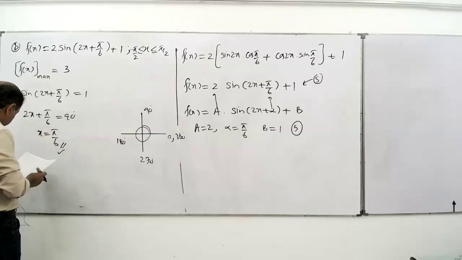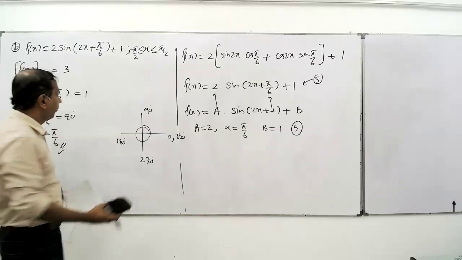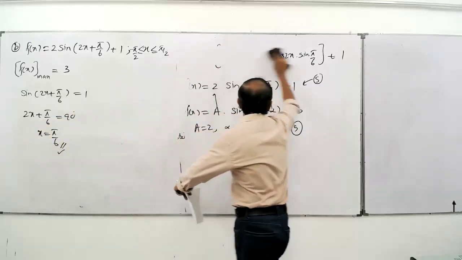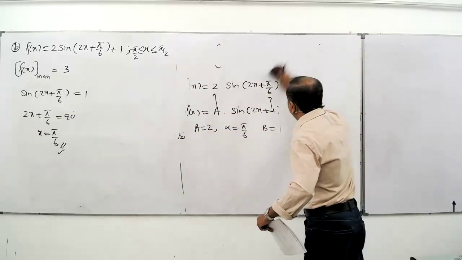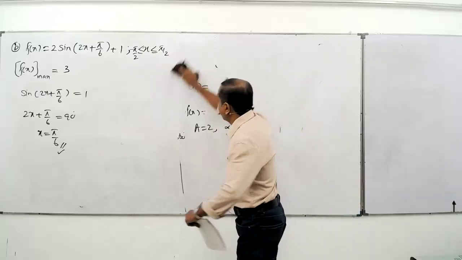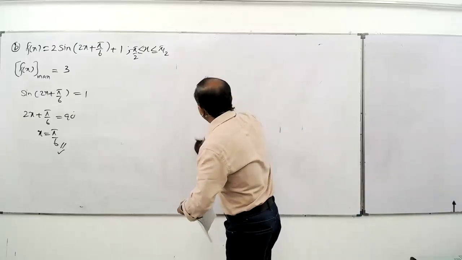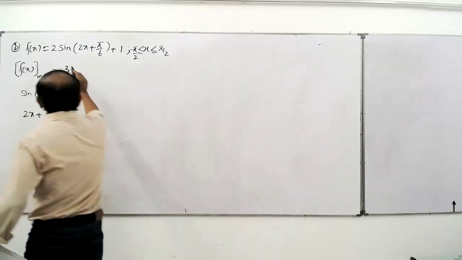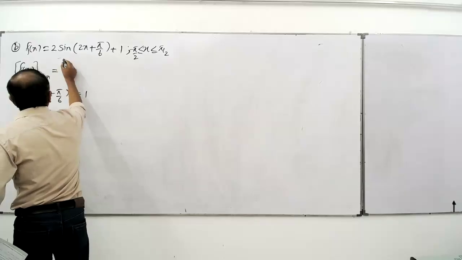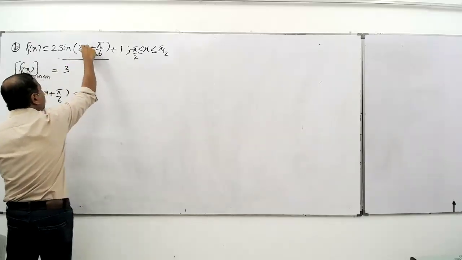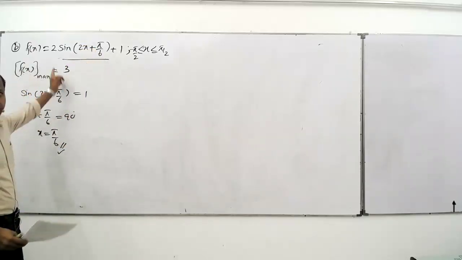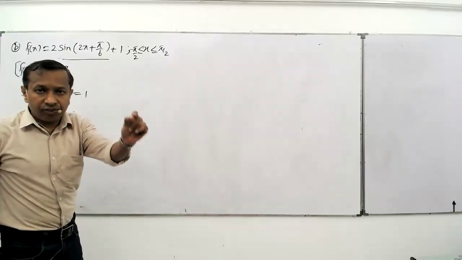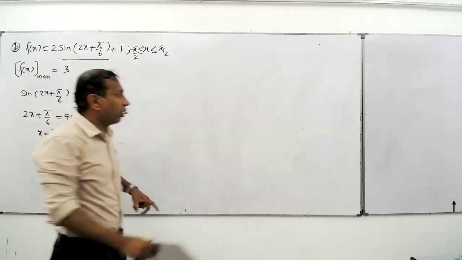Right. Secondly, we have to find the minimum value of f(x). For f(x) to be minimum, the right-hand side should be minimum. It is minimum when sine of this is minus 1, because you know the sine graph, no?